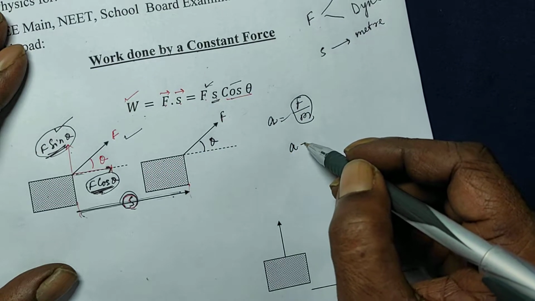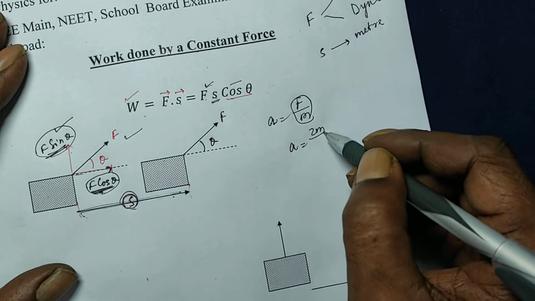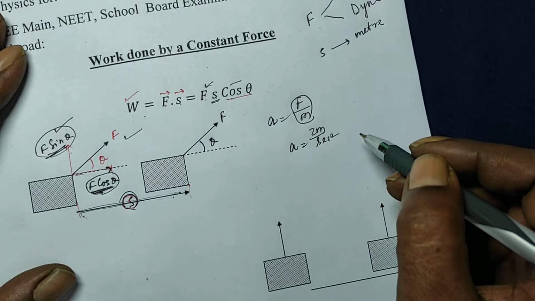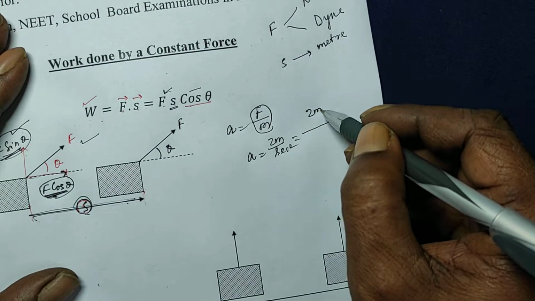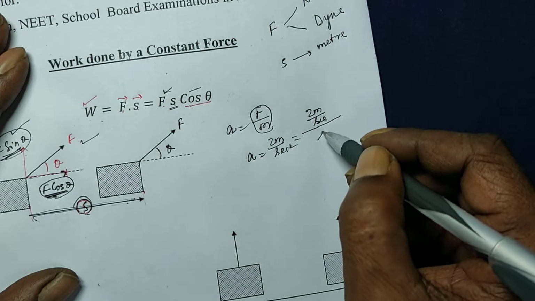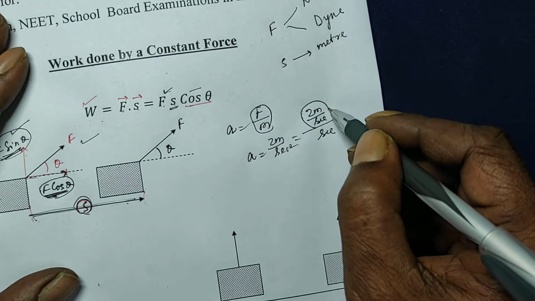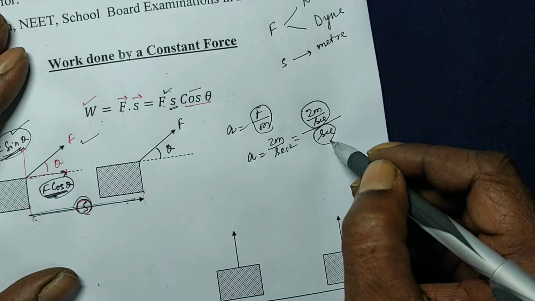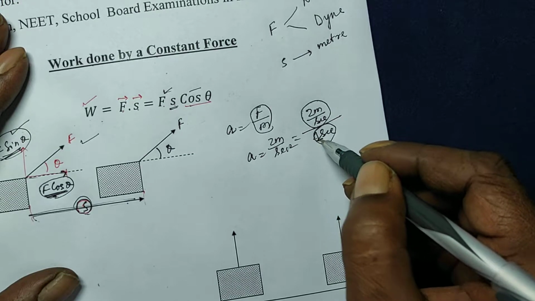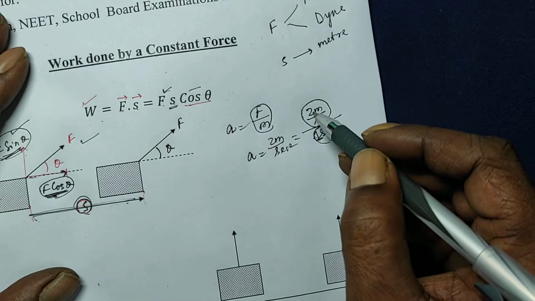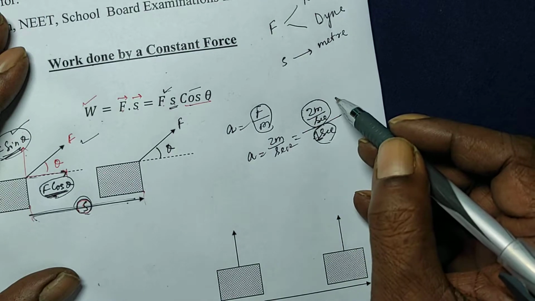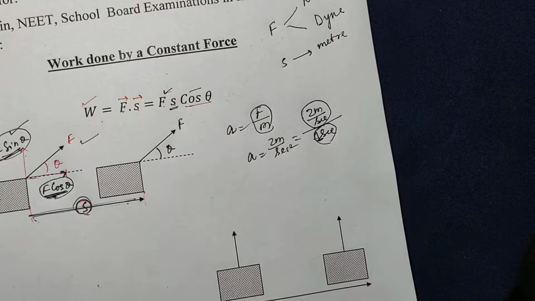If acceleration is equal to 2 meter per second square, which you can well write as 2 meter per second per second, this is the velocity part, this is the time part. The meaning is, the speed increases by 2 meter per second in each second. In every second, the velocity increases by 2 meter per second.